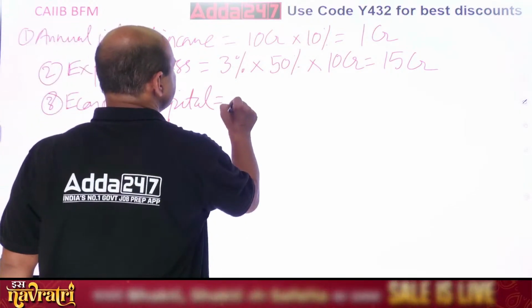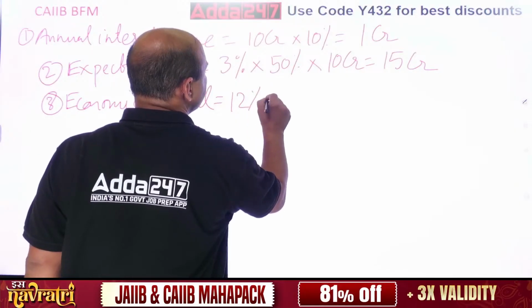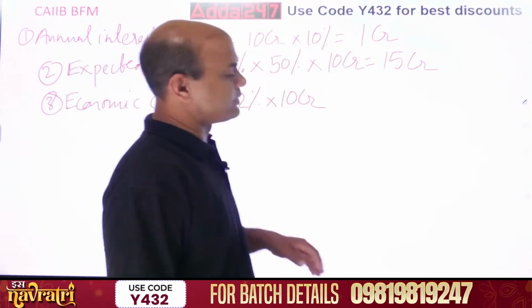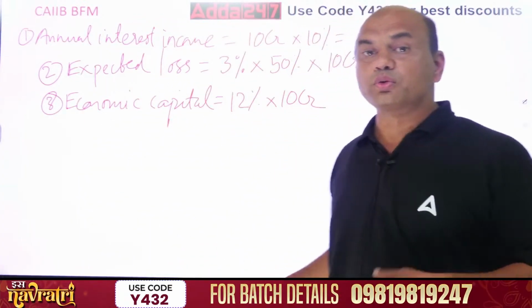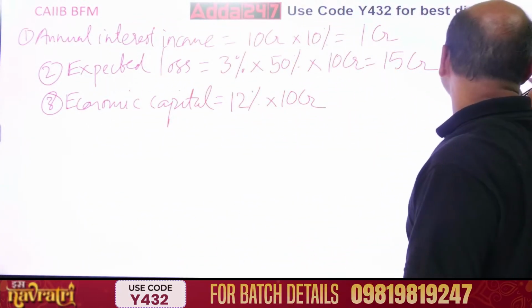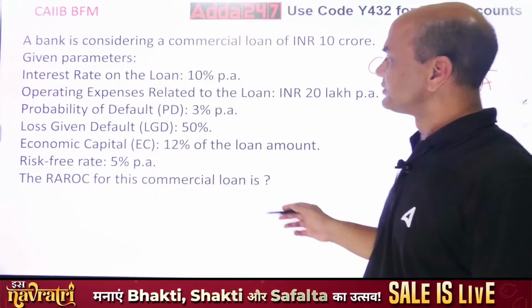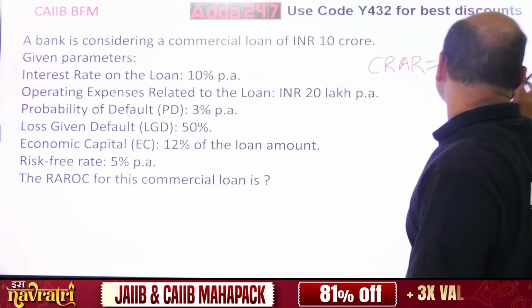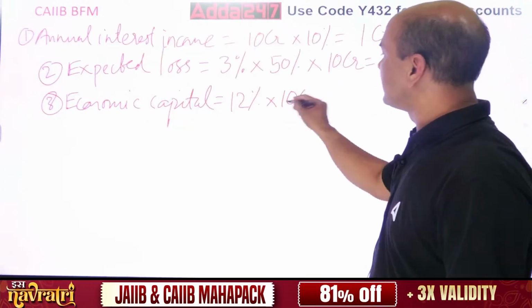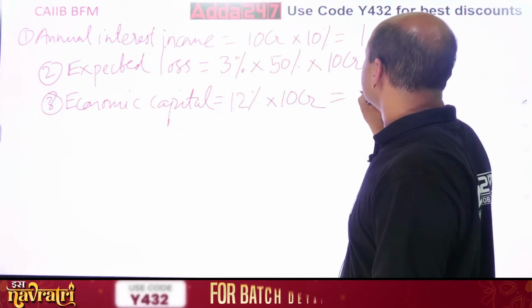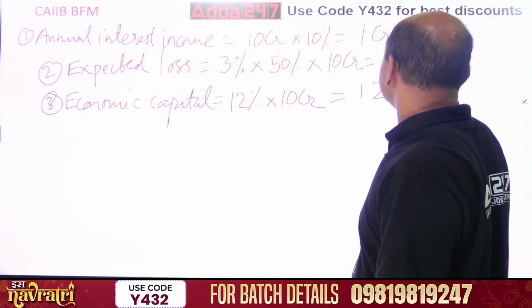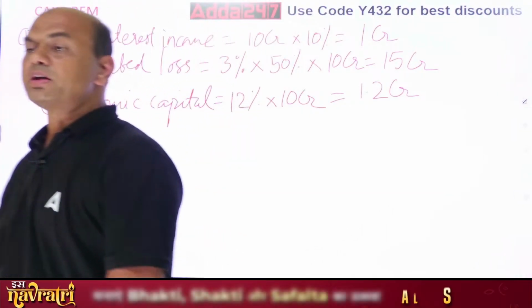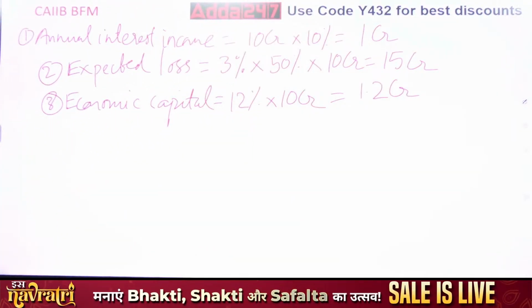So 12% into the loan amount, which is 10 CR. Just check the figures, because we are solving such big numericals that many times you tend to forget the figures. Economic capital 12%, right? And the loan amount is 10 CR. So what are you getting now? 12% gives 1.2 CR. So this is your economic capital.